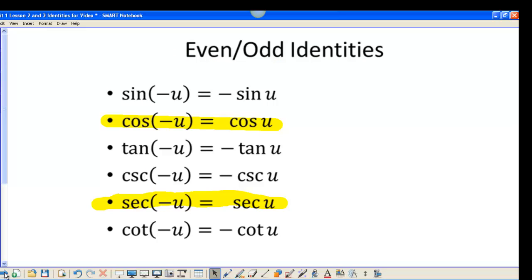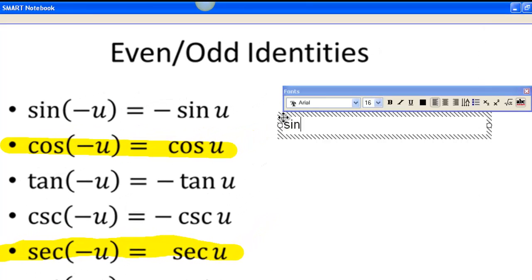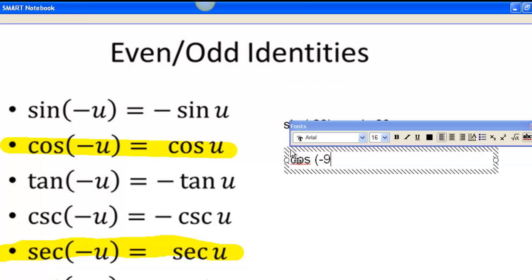And our last group of identities in this video are the even and odd identities, and I've highlighted the cosine and the secant because those are a different pattern than the sine family, the tangent, the cosecant, and the cotangent graph. Basically what this would mean is the sine of negative 90 degrees is the same as the opposite of the sine of a positive 90 degrees.